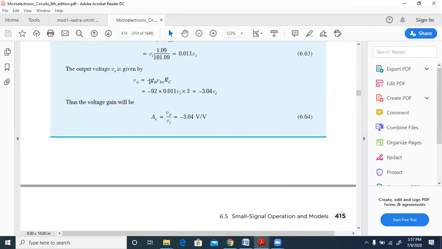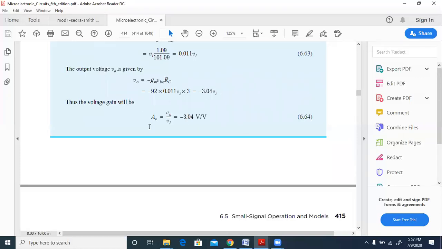So V0 is equal to minus GMVB into RC. GM is 92 milli, VB is 0.011 VI, and RC is 3 kilo ohms. The milli and the kilo are going to cancel and we'll get here minus 3.04 VI.